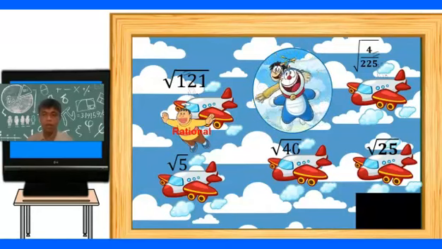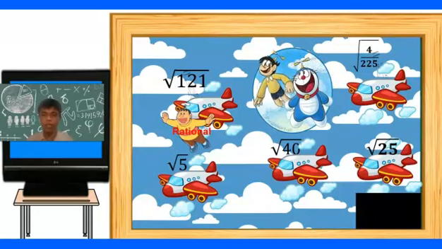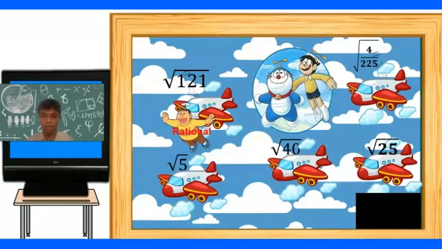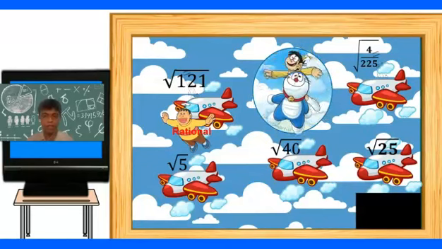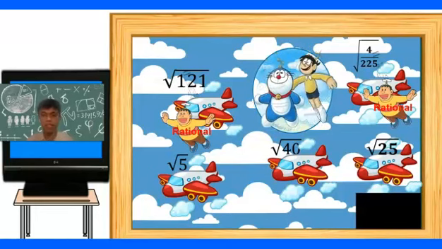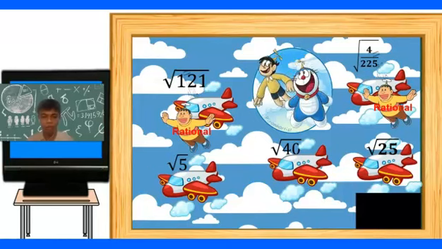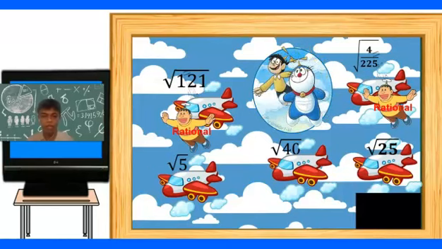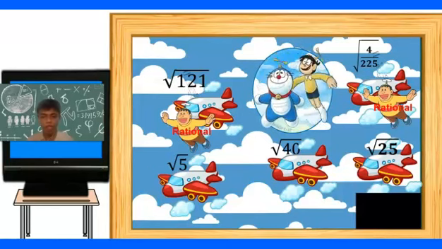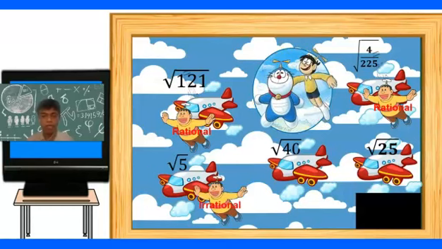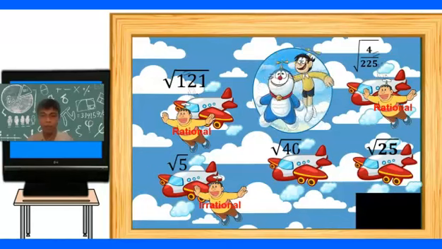How about square root of 4 over 225? Rational or irrational? Tingnan natin. Okay, still rational. How about square root of 5? Rational or irrational? Tingnan natin. Okay, irrational. How about square root of 40?